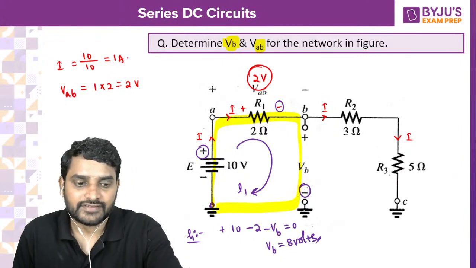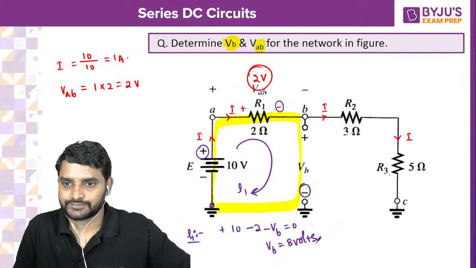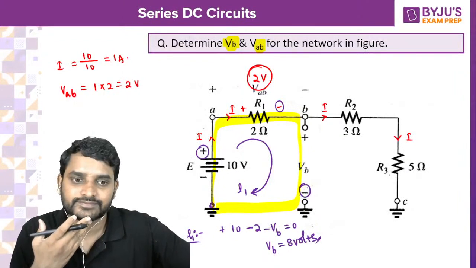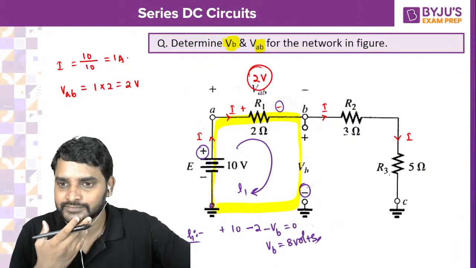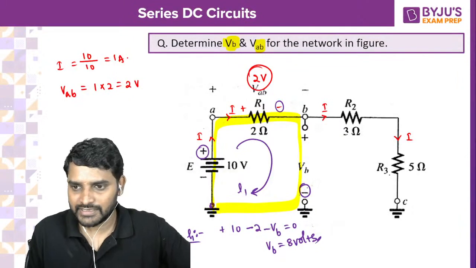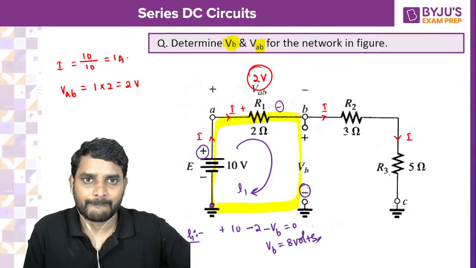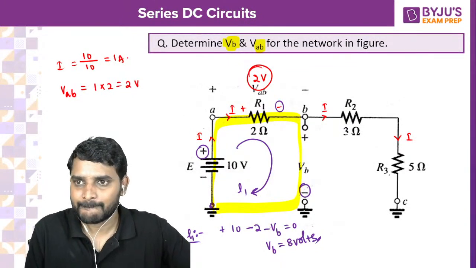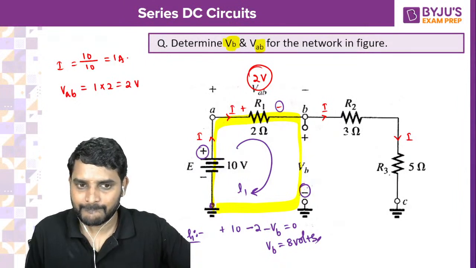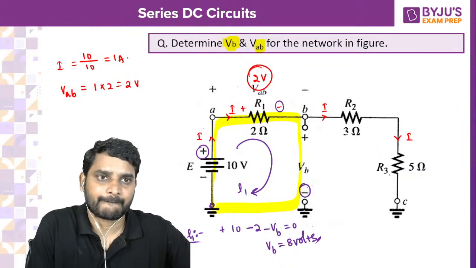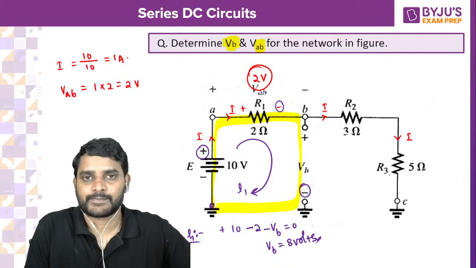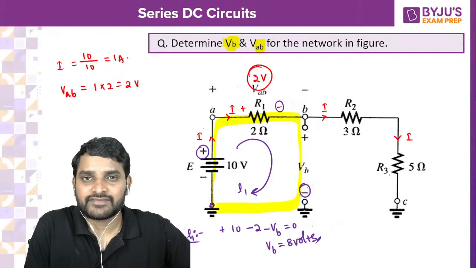Is it clear for everyone? 2 and 8. Come on, my dear, respond. Is this clear for everyone?